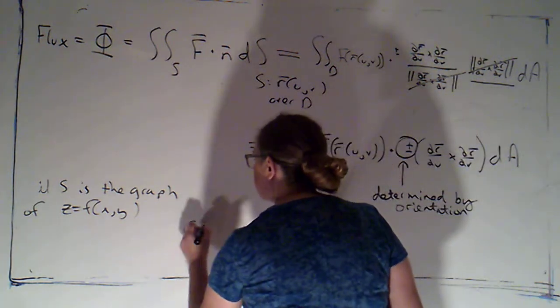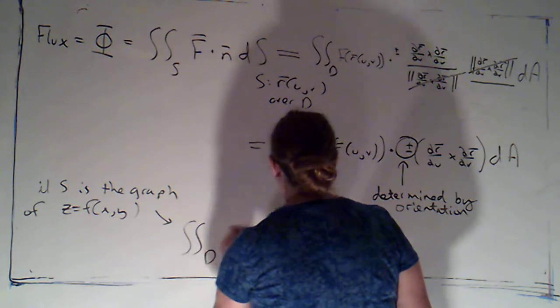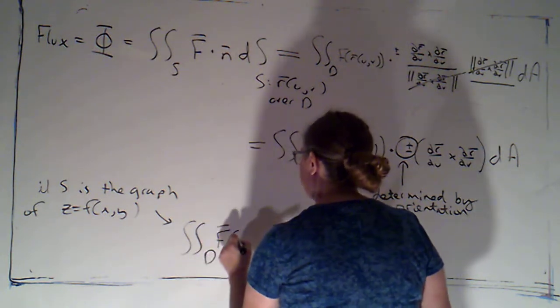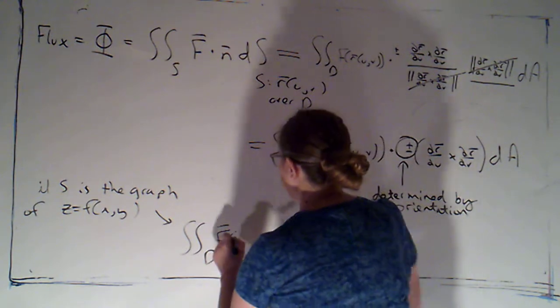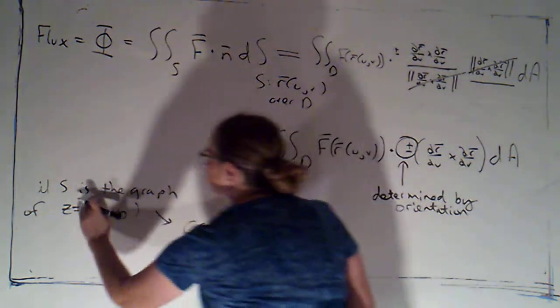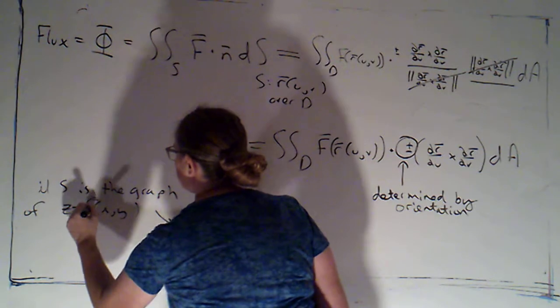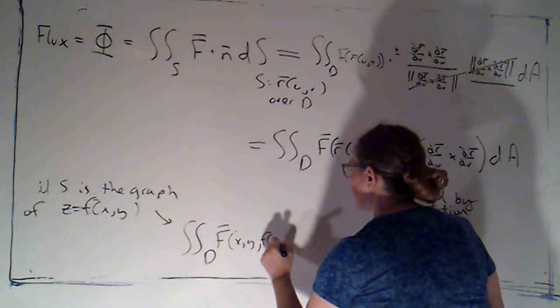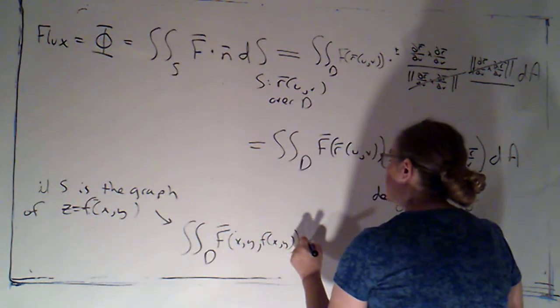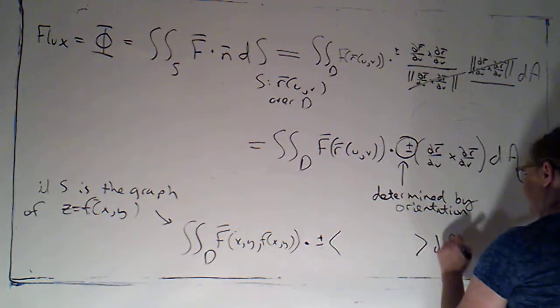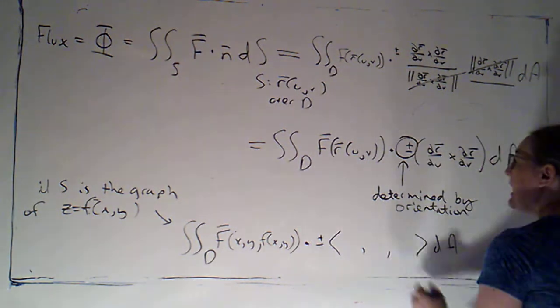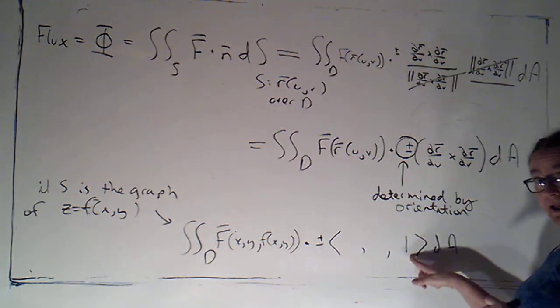And in that case, we get the double integral over D of F of, that would become x, y. Oh, I can use F here because I'm not using it for anything else. F of x, y, dotted with plus or minus, and then there's a 1 here.